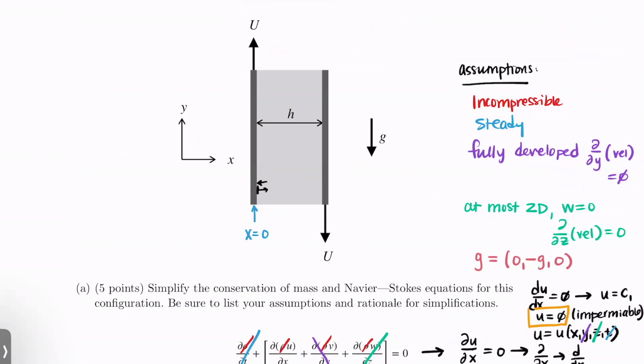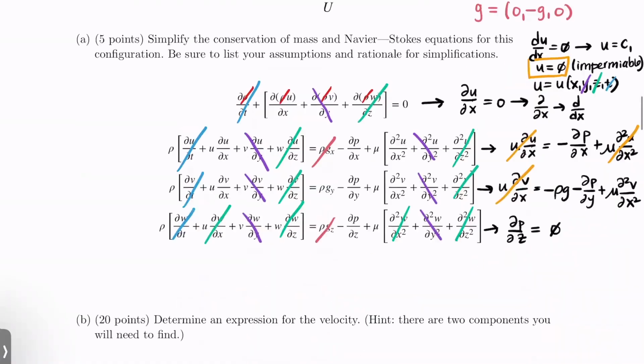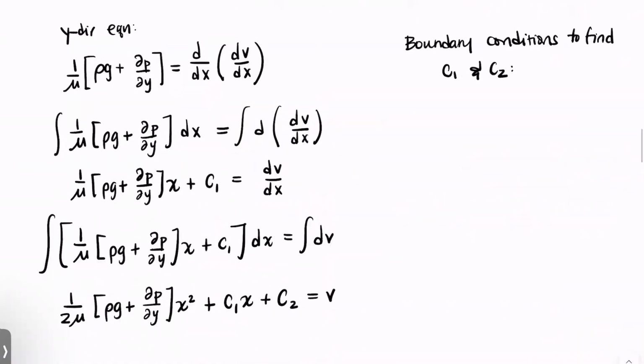So on the left wall, at x equals 0, our velocity has to be positive U, and at the right wall, it has to be negative U. I'm just going to write that down here: at x equals 0, v is equal to U, and at x equals h, v is equal to negative U. Does that statement feel okay to everybody? Okay, great.